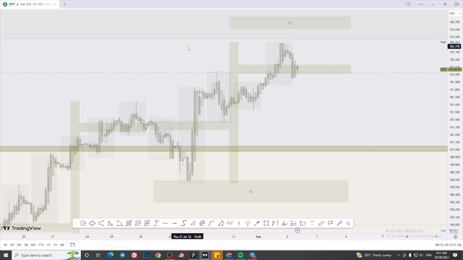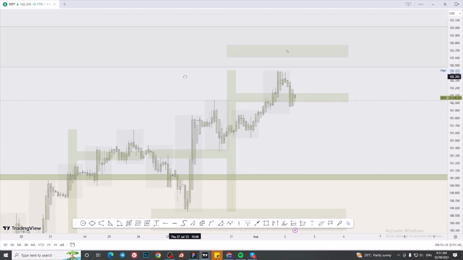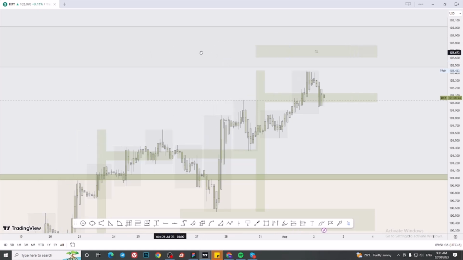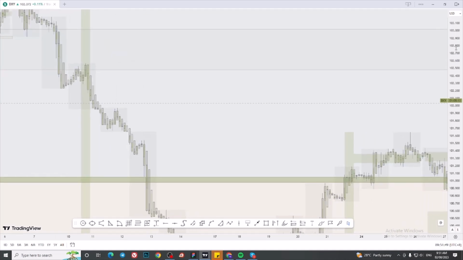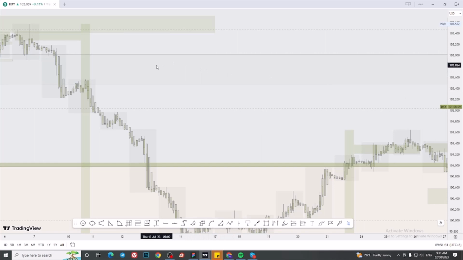So right now, I call this gap. I get it from this level. This big gap is the gap that I want to see, because we will fill this gap before a reaction from the previous week event.